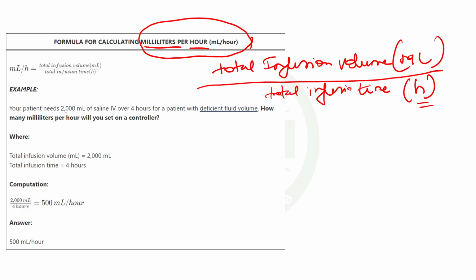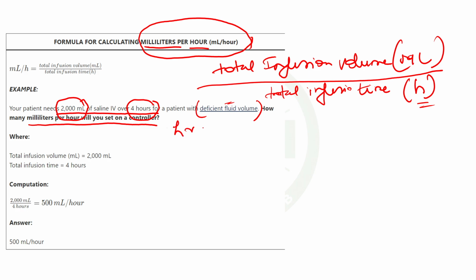The question is: your patient needs 2000 ml of saline IV over 4 hours with a deficit fluid volume. Deficit, as we already know, is due to diarrhea, vomiting, drain. So the patient has a fluid deficit volume. How many milliliters per hour will you set on a controller?